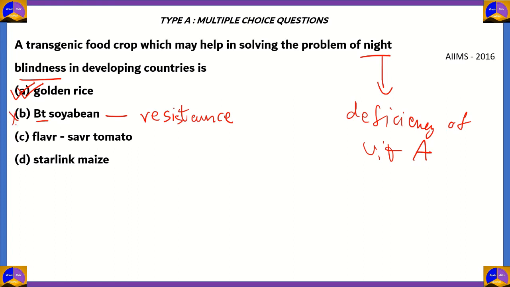Option B is incorrect. Flavor Saver tomato has been created in order to increase the taste of tomatoes, and this is done by improving and increasing the concentration of polygalacturonase, another hormone. So therefore option C is incorrect.